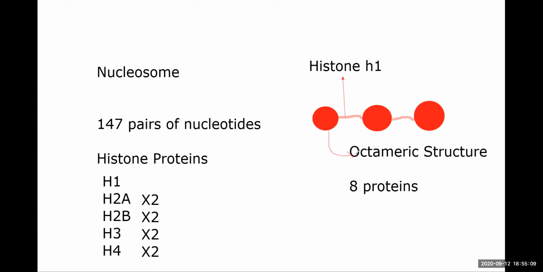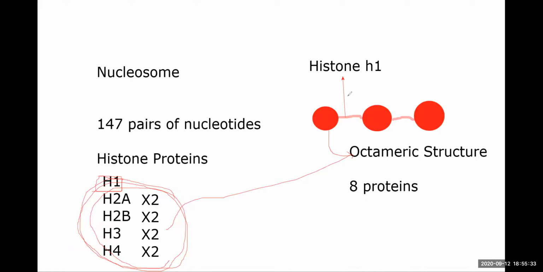These octameric structures are made up of 8 proteins: histone H2A, H2B, H3, and H4, 2 of each. And what is histone H1? Histone H1 is the linker histone that connects the 2 nucleosomes.